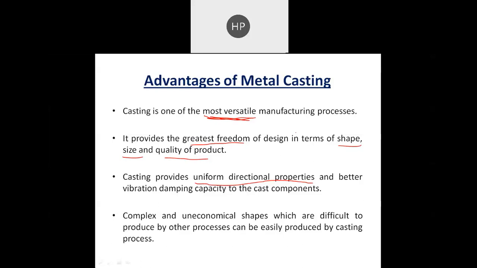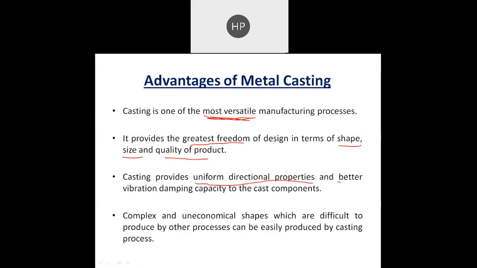During that cooling, there is uniform cooling, so whatever the properties are, they are uniform throughout the whole component. It is not that at one end there is a different property and at the other end a different property. That is not an issue in the casting process. You can have uniform properties all around the cast product, and this is the best property.